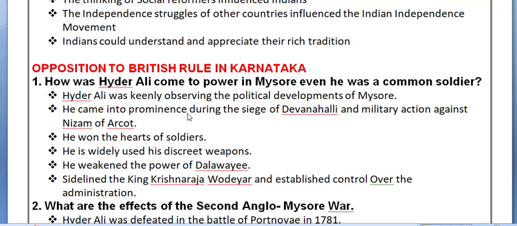He came to prominence during the siege of Devanahalli and military action against the Nizam of Arcot. He won the hearts of soldiers. He used his discreet weapons widely. He weakened the power of the Dalwai, sidelined the king Krishnaraja Wodeyar and established control over the administration.